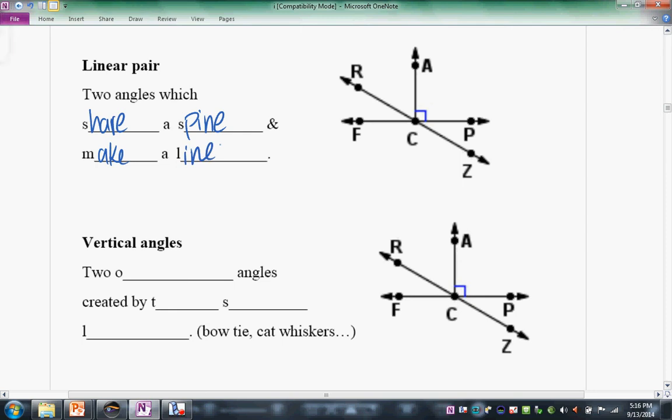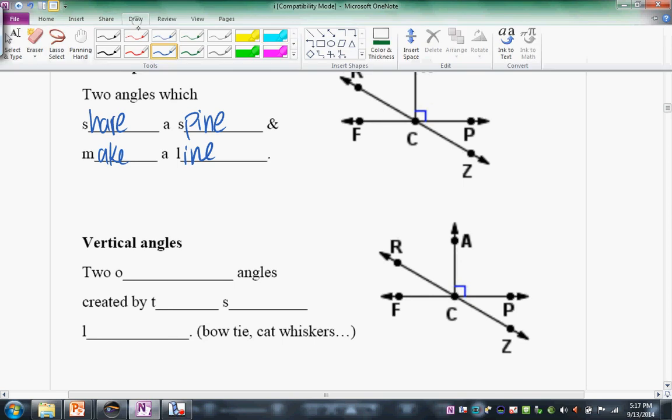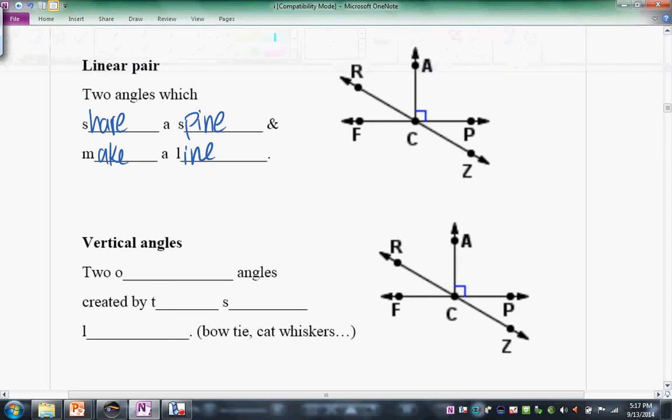Share a spine, make a line. So there's several examples of linear pairs in this diagram. We're going to start by just finding a line. So trace this line F to P. Just trace it.